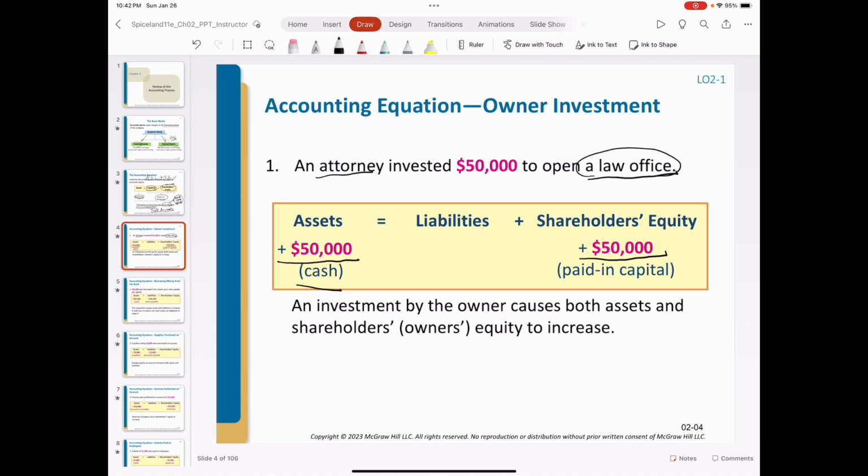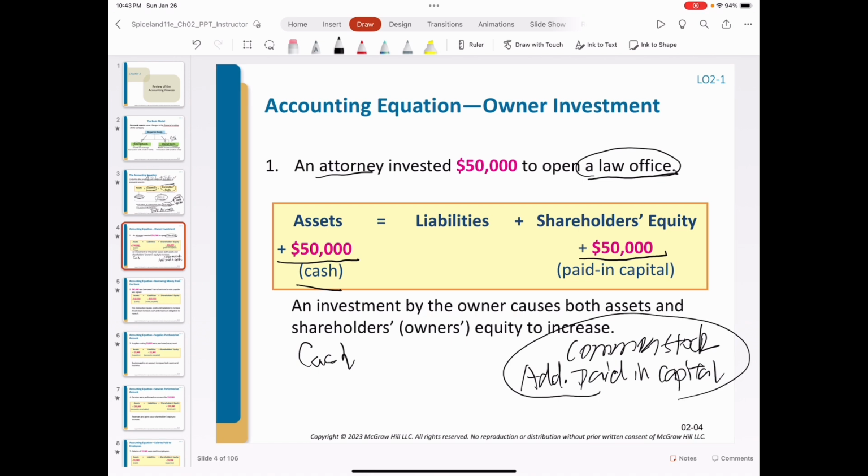The two accounts affected are cash, and common stock and additional paid-in capital, which are two accounts to represent the contribution from the owner, while common stock represents the par value of the equity. Additional paid-in capital is the difference between total contribution and the par value.